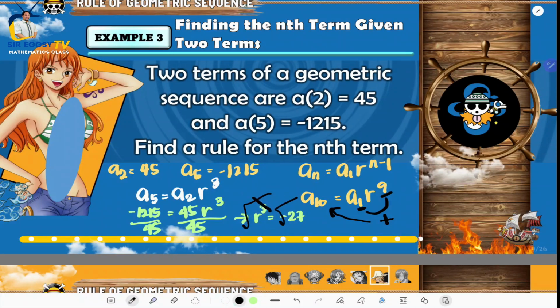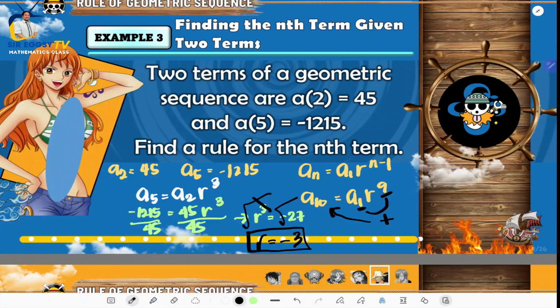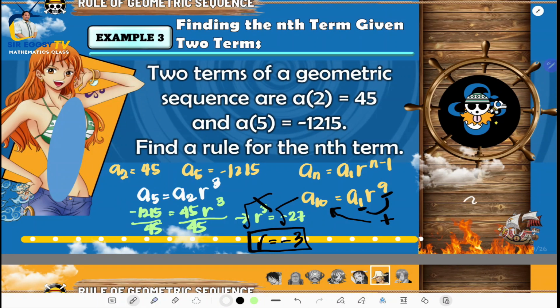And of course, we have to square root both sides to eliminate the exponent of 3. That's why the value of r is equal to negative 3. Since we have already the value of r, or the common ratio, let us now get the value of a sub 1.